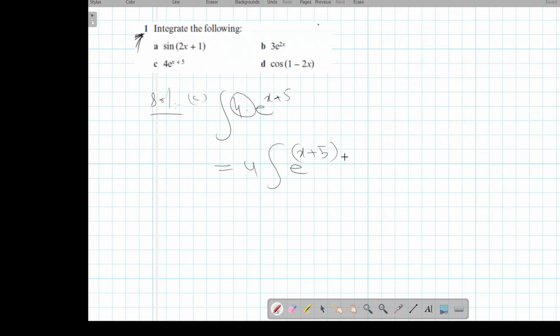Now ask yourself, what is the derivative of this power? Just 1. So 1 is already available here. So you can directly write the antiderivative of e power x plus 5 is the same, e power x plus 5. That's it.